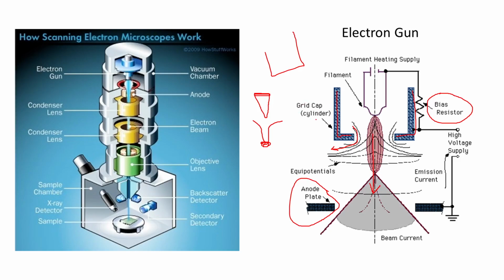I need to correct myself. This grid cap is negatively charged. The negatively charged grid cap will remove the extra electrons which have been generated from the filament, and this anode plate is positively charged, which will increase the acceleration of the electrons coming from the grid cap.